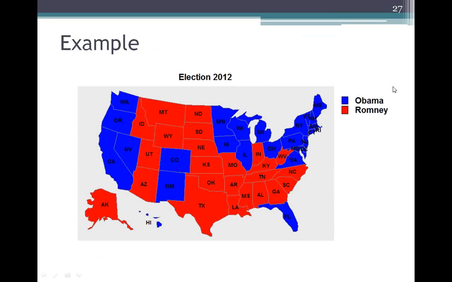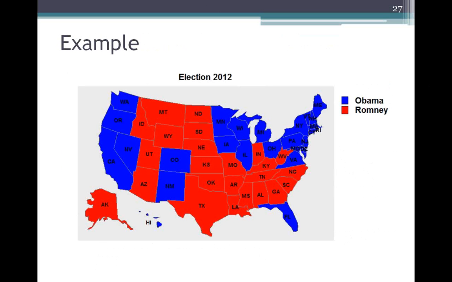before I do that, though, I want to show you one more graph, and that is the results of the election. This graph shows what happened in the 2012 election, which states voted for Obama, those are the blue states, and which states voted for Romney, those are the red states. And you can see that, again, geographically, there was some clustering of the states.